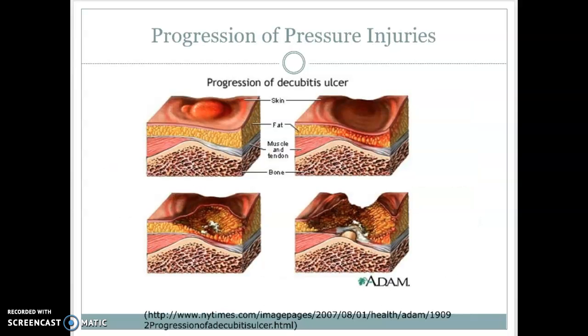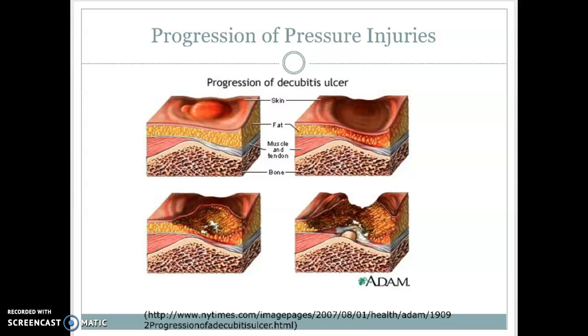The way pressure injuries can progress is basically just going deeper, involving different layers of tissue. Here we just have a real general illustration of the different layers. First there's the skin, the dermis, then we have fat tissue, muscle and tendon, and bone.